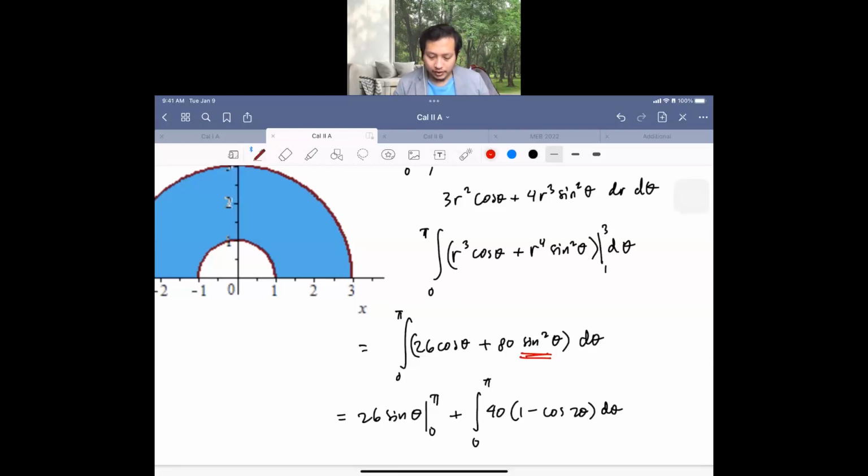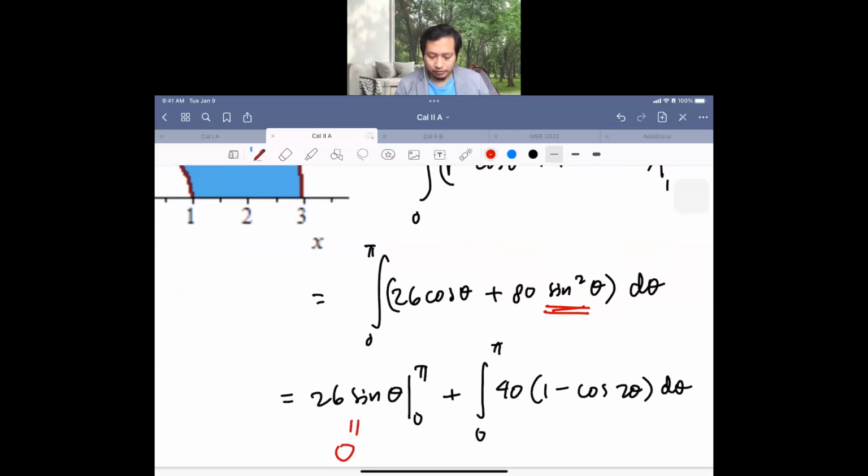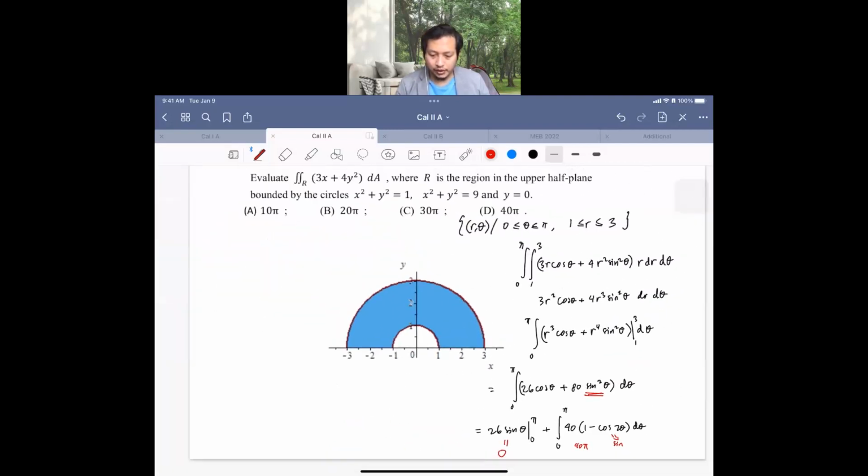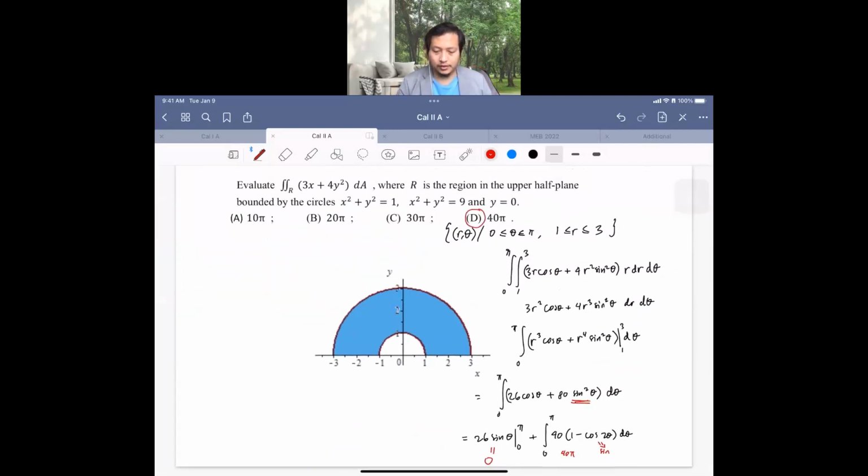Now if we look here, this goes to sine, and sine of 0 and pi is 0, so we will have just 20 pi times 2, which is 40 pi. That will be our answer, D.